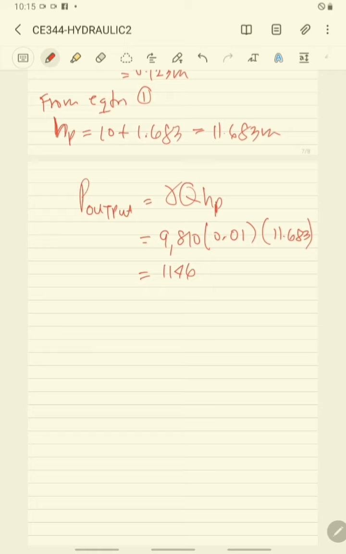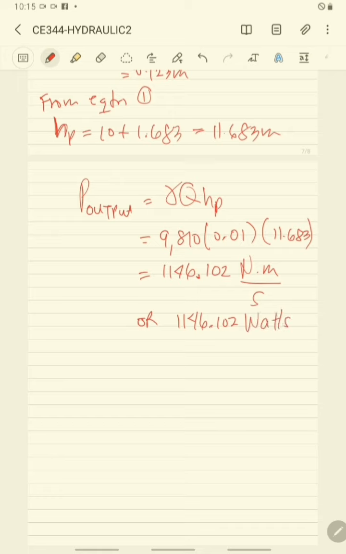I have to check again: 9810 times 0.01 times 11.683, so 1146.102. So this will be Newton meter per second, and this is also equivalent to 1146.102 watts.